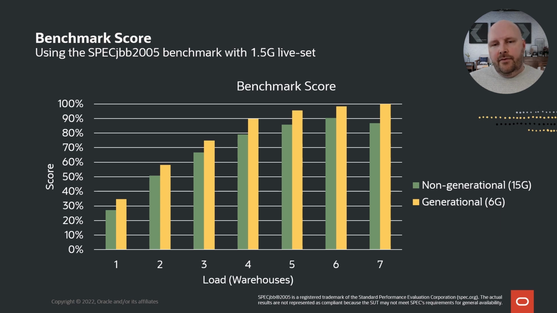The reason for that is that generational ZGC, even though it might be collecting more often because it has less memory to work with, has young generation collections or minor collections that are much less expensive, whereas the non-generational ZGC is collecting less frequently, but it has to collect the whole heap every time. So it pays off even though generational ZGC has less memory to work with, and it produces a better score.